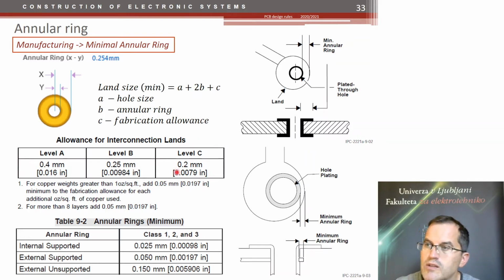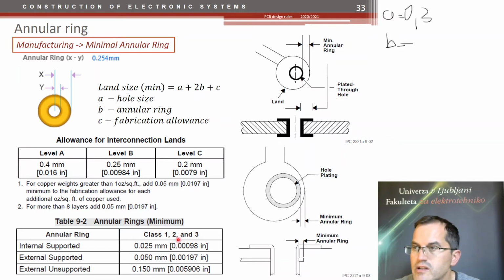If we want to calculate it, it's not that hard. Let's go for a 0.3 millimeter hole, diameter of 0.3, so A is 0.3. The B, if you go for normal general electronics, external supported holes, it's 50 microns, so 2 times B is 0.1 millimeter.